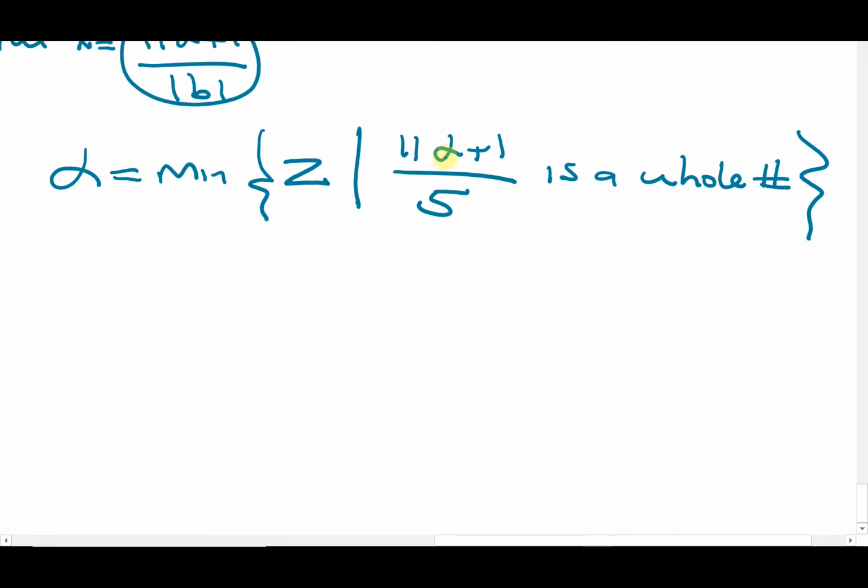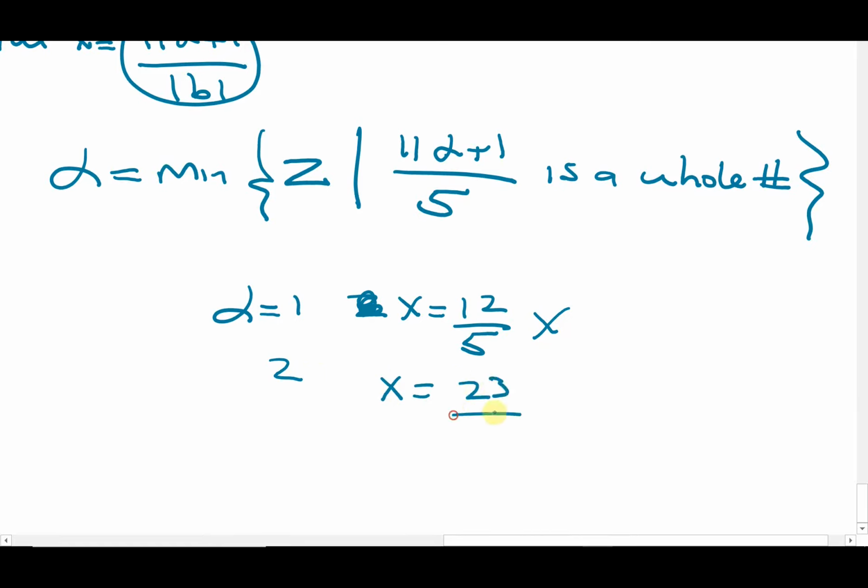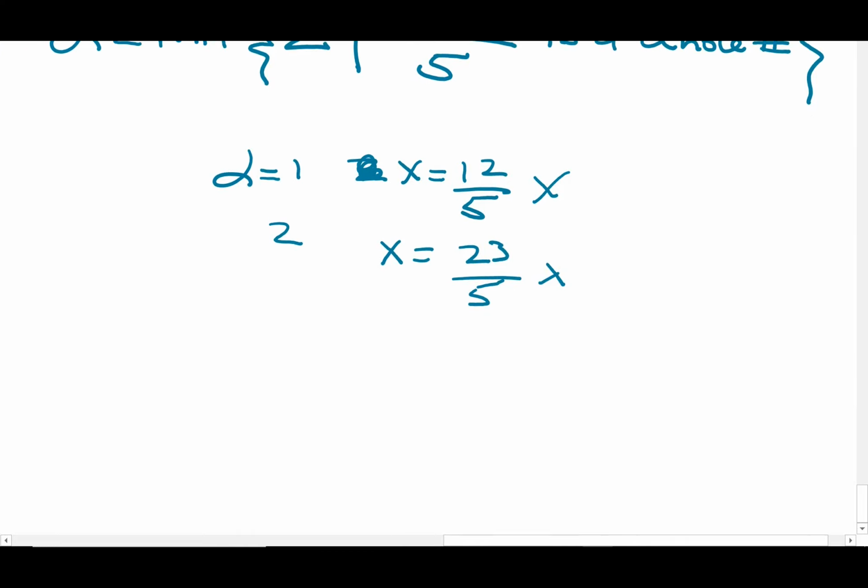If we take alpha as 1, it fails because this is 12 over 5, which is rational. For alpha equals 2, x equals 23 over 5. That fails. If we take 3, we have x equals 34 over 5. Fails. We notice the pattern right here.